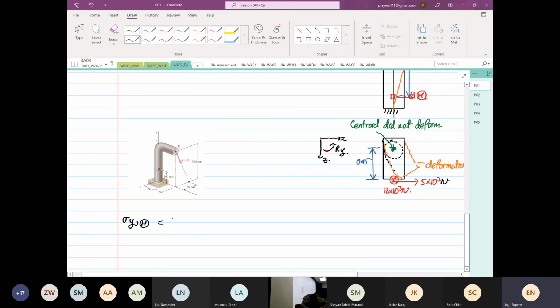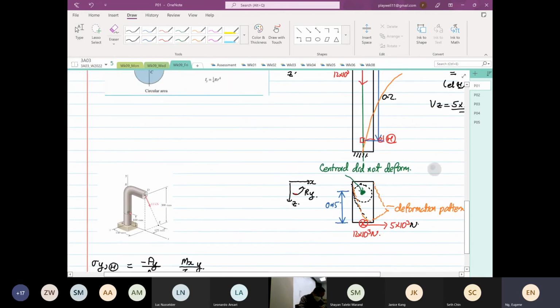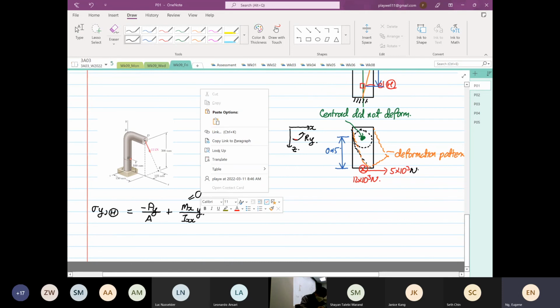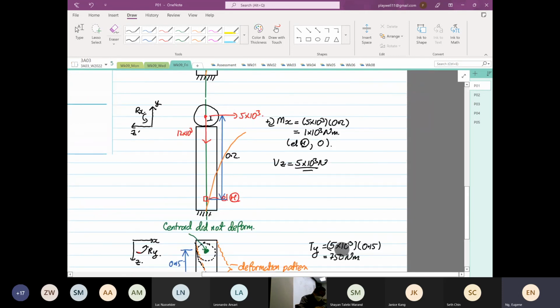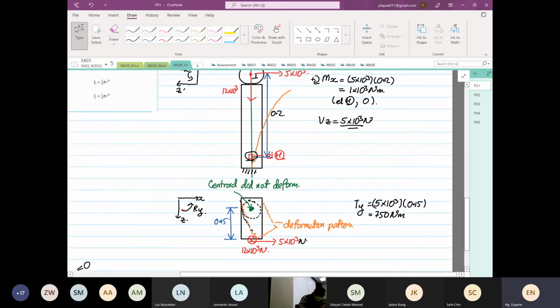So this is going to be minus Py over A, right? Then we have Mx over Ixx multiplied by Y. You look at the moment about X, it is going to be equal to 0. So if I put plus, this whole thing will be equal to 0, because we realize that Y, because it's at the centroid, is equal to 0.